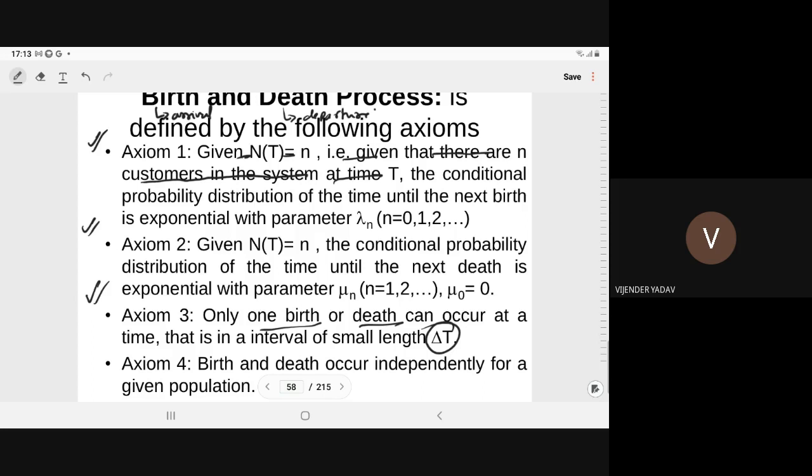An axiom is a statement we assume as always true. In the third one, why can't one customer arrive and at the same time a customer leave? A customer can arrive only when another customer who took the service leaves, so birth and death occur at the same time, right?